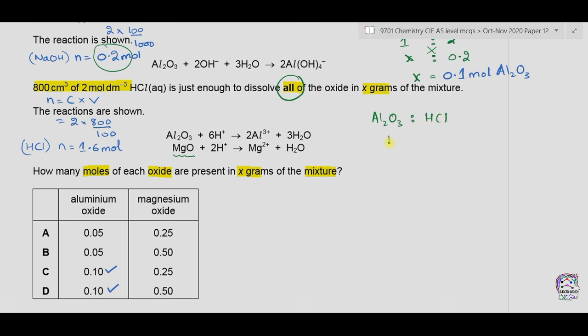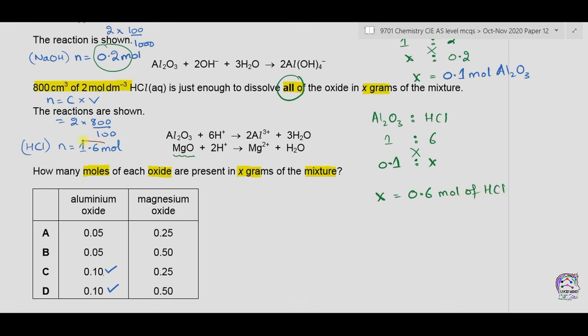It is 1:6. As the total number of moles of aluminum oxide present in the mixture was 0.1 moles, so we can write 0.1. So X moles of HCl will be required to dissolve 0.1 moles of aluminum oxide. So X equals 0.6 moles of HCl.